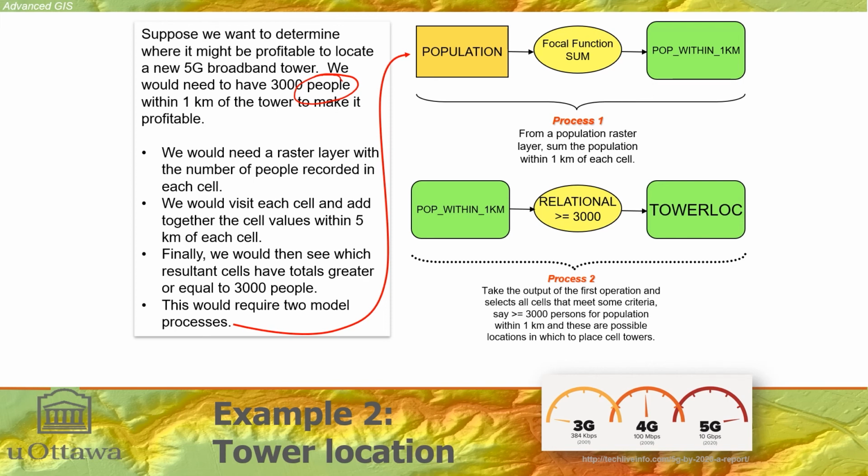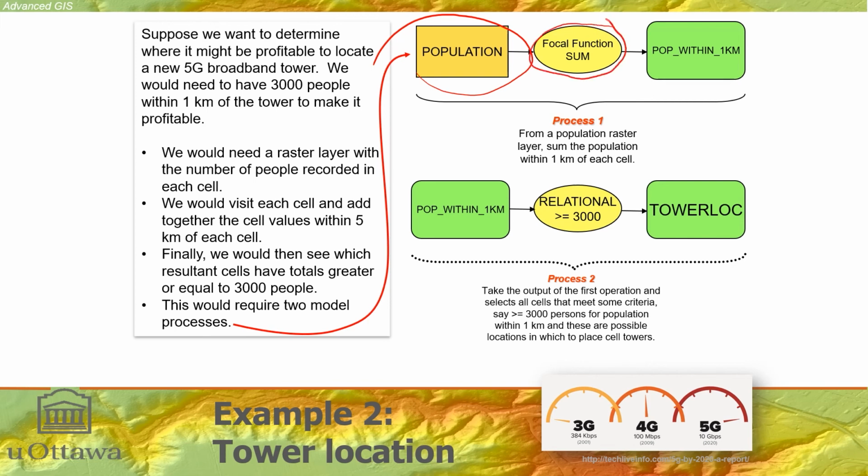If that cell does meet or exceed 3,000 people, then we know it is a potential location for a telecommunications tower. So we need a raster population, and then we need to be able to look at each cell individually and all the cells within 1 kilometer of that cell that we're looking at.